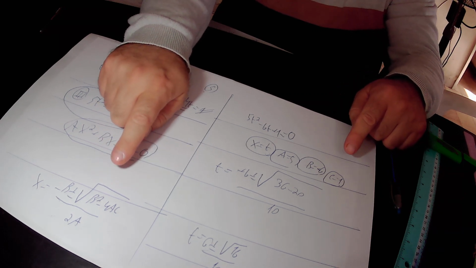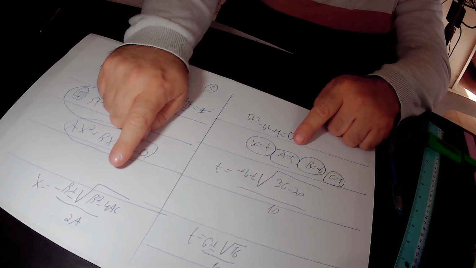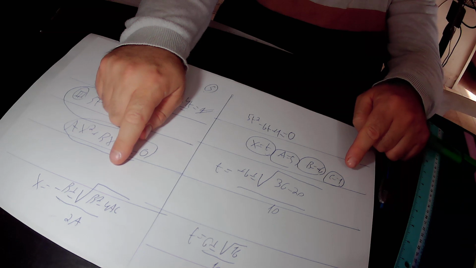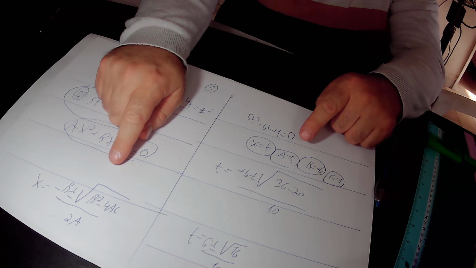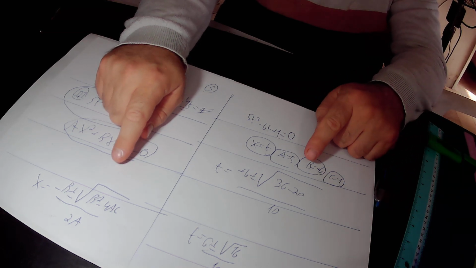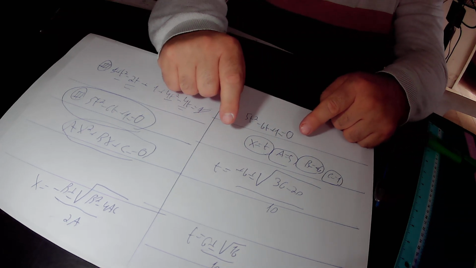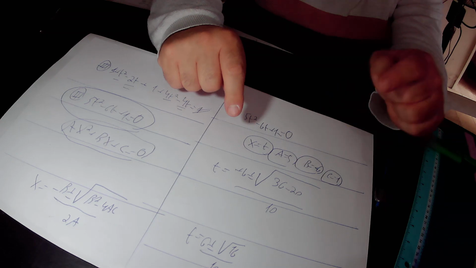Minus 4 times a, which is 5, so minus 4 times 5 is minus 20, times c. c is 1, so minus 20 times 1 is minus 20, so inside the root we have 36 minus 20, divided by 2a. a is 5, therefore 2a is 2 times 5, that is 10.